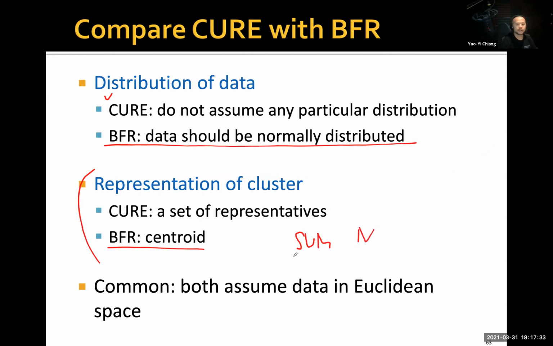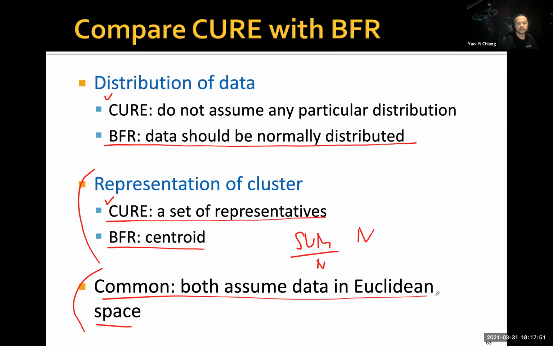You can use the sum vector divided by n to calculate the centroid. In CURE, we are using a set of representatives because your cluster can be in arbitrary shapes. Both of them assume the data is in Euclidean space, so you can calculate your distance measurement using Euclidean distance.